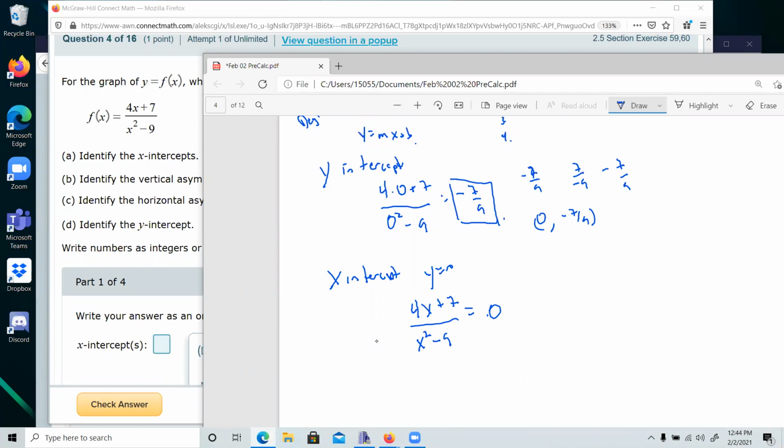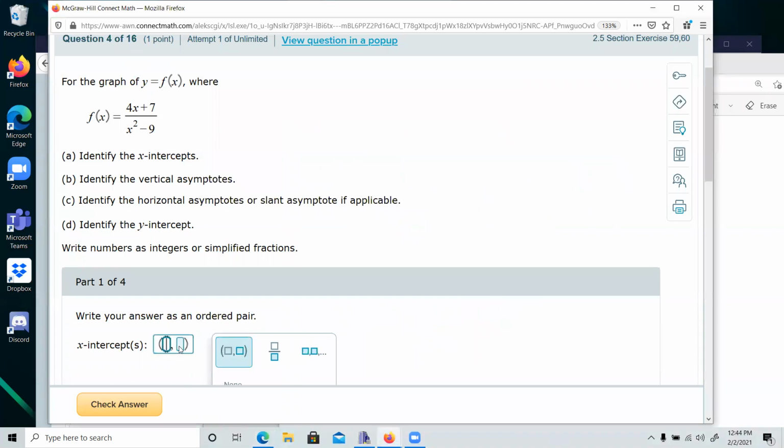The first thing we're going to do is multiply by x squared minus 9 on both sides. And that's going to cancel. And we're just going to get 4x plus 7 is equal to 0. So x is going to be negative 7 over 4. Okay, and that's our only x-intercept. So we have negative 7/4 and 0.